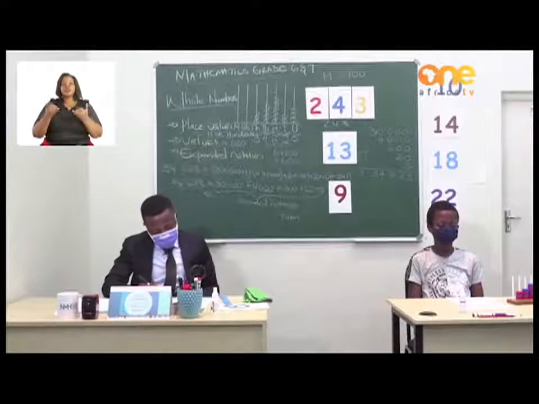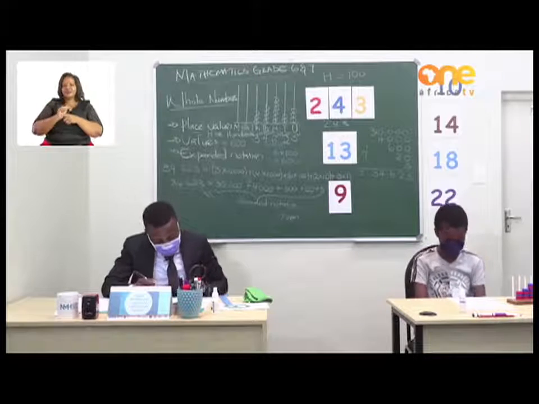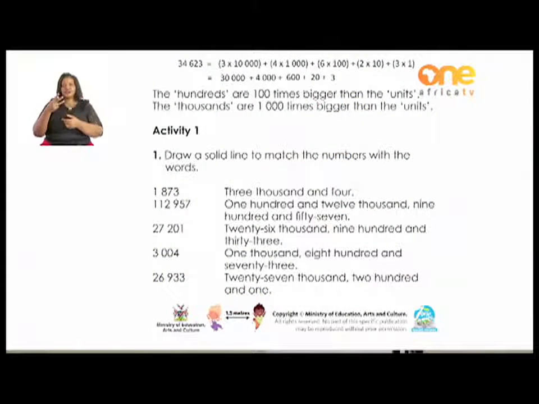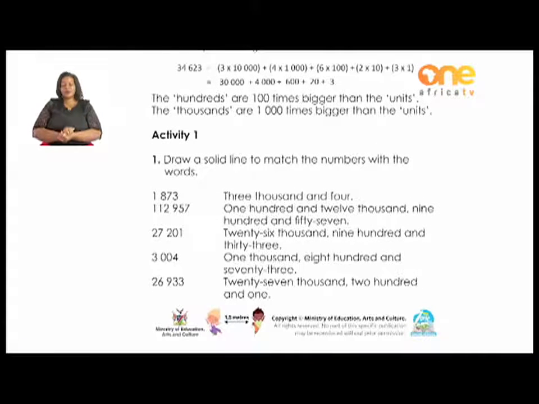Okay, let us now do the activity 1 on page 13. So we start with number 1. You need to draw a solid line to match the numbers with the words. So what you have to do is, you have to read the words and then look at the digits or the numbers to see which one corresponds with that statement.